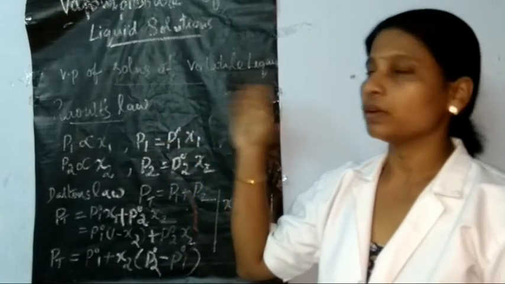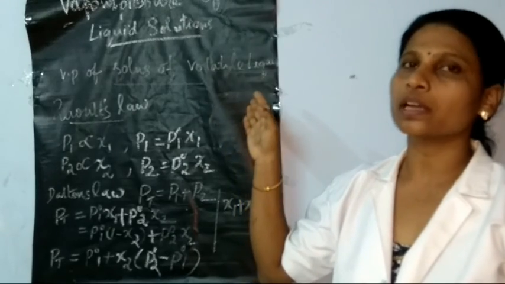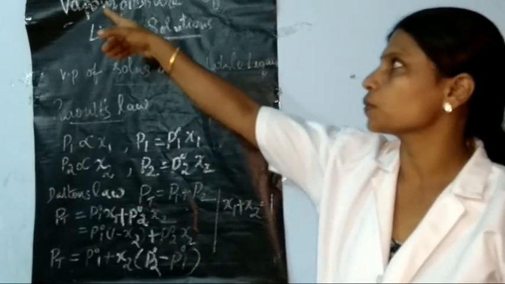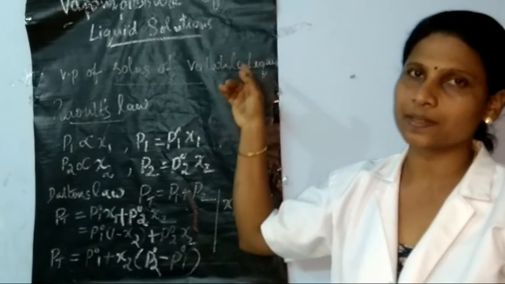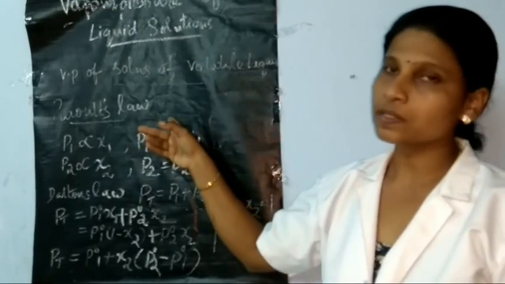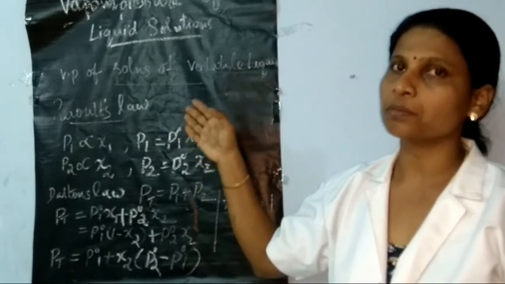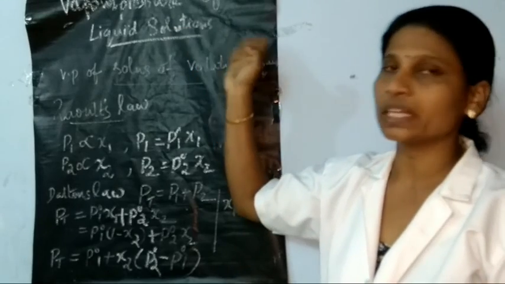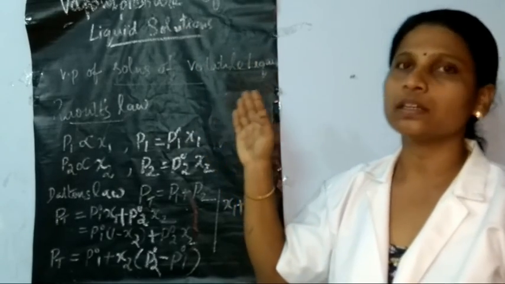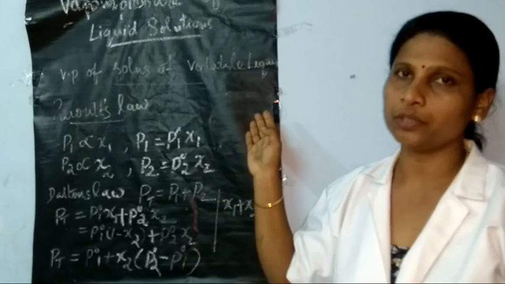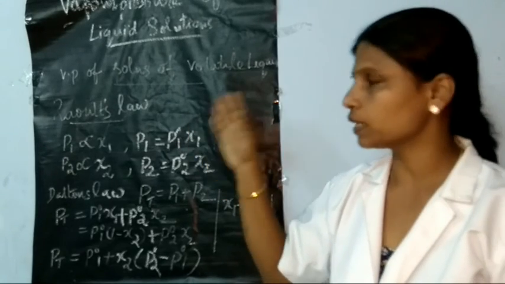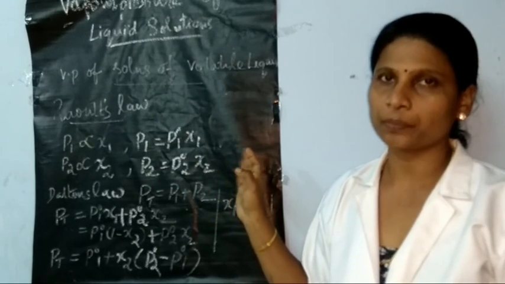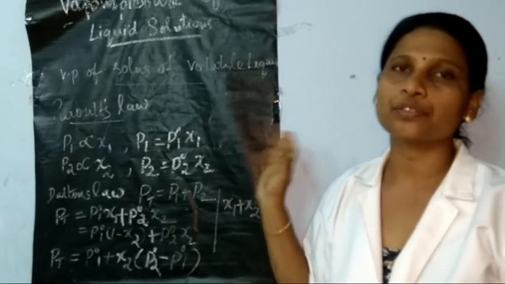Henry's law is applicable for gas in liquid solutions. Raoult's law is applicable for vapor pressure of liquid-liquid solutions, so it has a wide range of application. They are derived in the same way, but the difference is only in the proportionality constant.